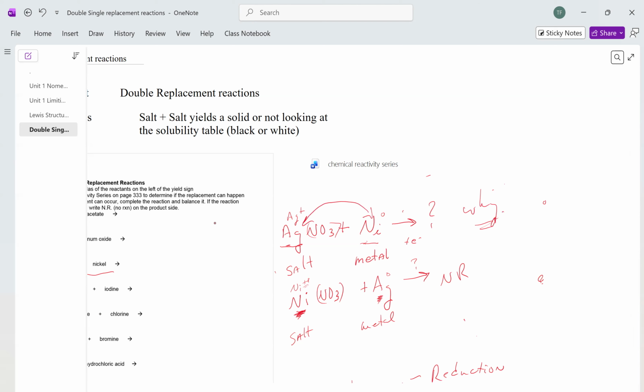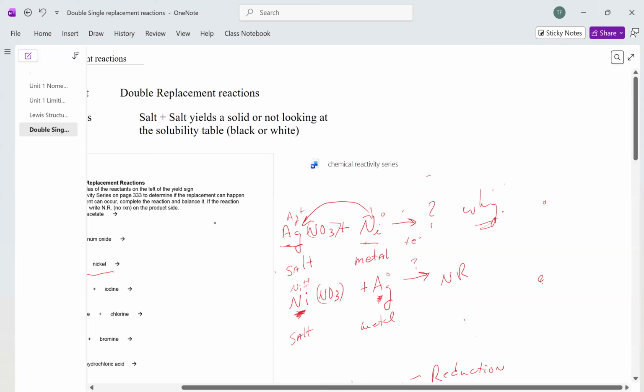I had a question. Do we have to do the solubility for single replacements too, like we did yesterday with the double replacement? Yesterday we did double replacement in class in the lecture. Were you there for that? Yeah. Okay. So do we have to put the solubility, like the AQ or the S, for the single replacements?